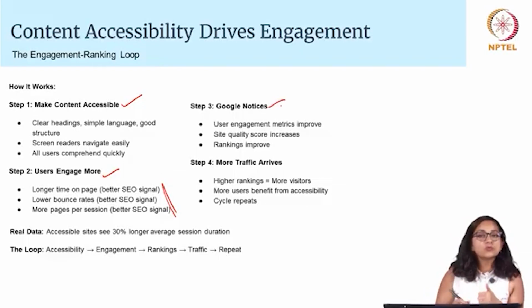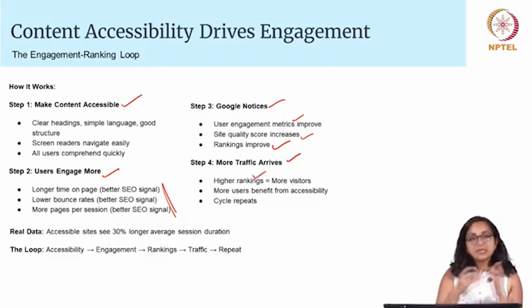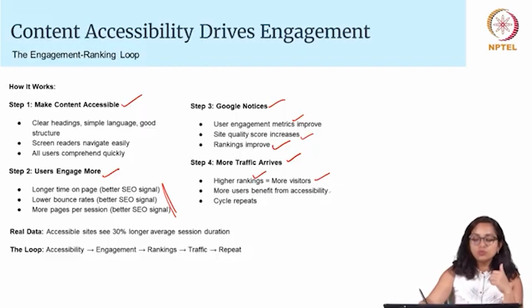Step 3, Google notices this and it will automatically increase your user engagement metrics, site quality score increases and the rankings improve. And step 4 that automatically happens is higher rankings, you appear more in searches, more visitors, more visibility, more users benefit and the cycle repeats.